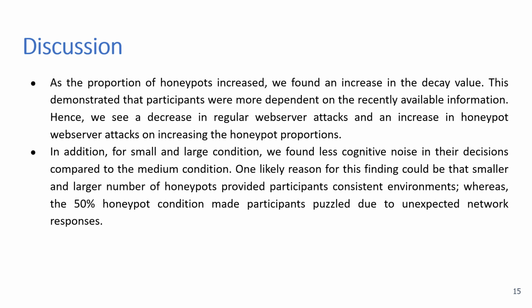That means in one condition regular web servers were the majority, while in the other condition honeypots were the majority. Hence, keeping an equal proportion of honeypot web servers in the network puzzled or confused them, which resulted in unexpected responses from the network.